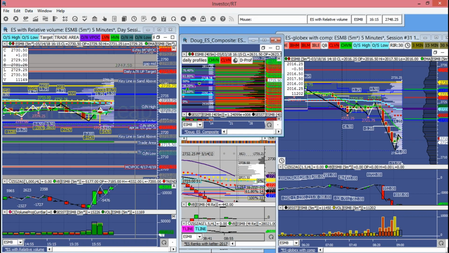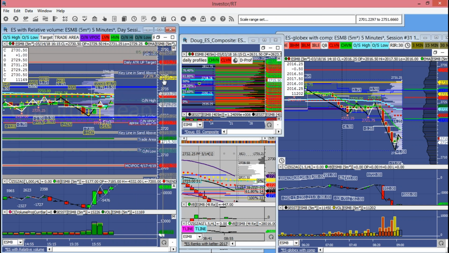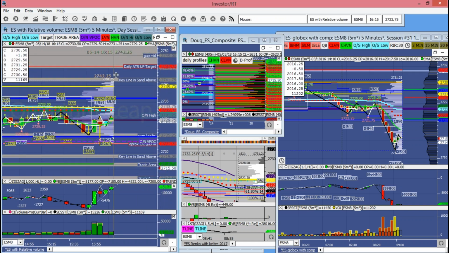So we kind of sliced up through the 50% retracement and looked like we were going to go get that 49 yesterday, but they failed at that key line in the sand at the 41.50. So that's what I'm looking at in the ES.